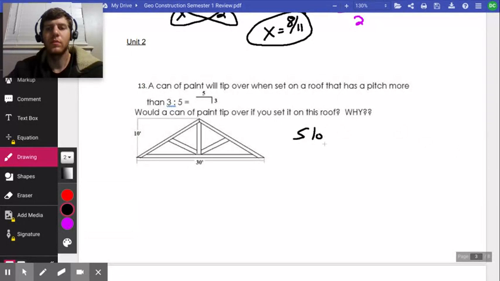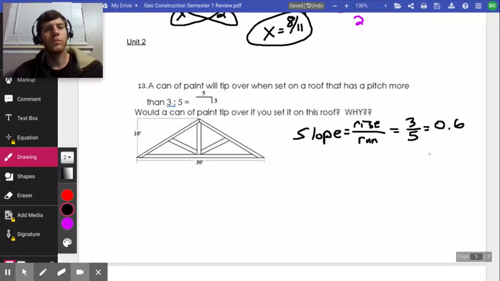So a ratio of 3 to 5: our rise is 3, our run is 5. That's going to be 0.6. So if we have a slope that's greater than 0.6, the paint can will tip over. If we have a slope less than 0.6, the paint can will not tip over.